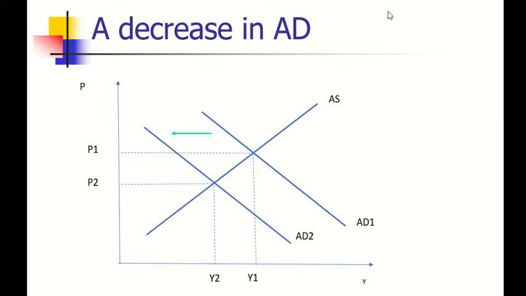Next, let's look at a decrease in aggregate demand. Okay. So once again, we start out with AD1 and AS. This is our initial equilibrium, P1, Y1. After a decrease in aggregate demand, we now have a new aggregate demand curve, AD2, and you can look at the new equilibrium, P2, Y2.